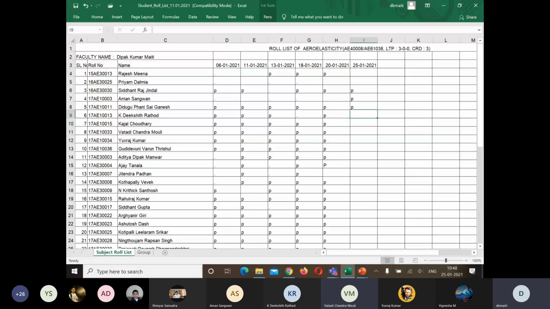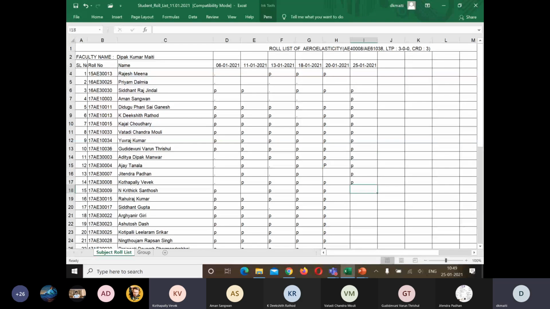Yuvraj Kumar, present, sir. Arun Trishul, present, sir. Aditya Deepak, present, sir. Ajay Tanala, Jitendra Pradhan, present, sir. Kothapulli Vivek, present, sir.